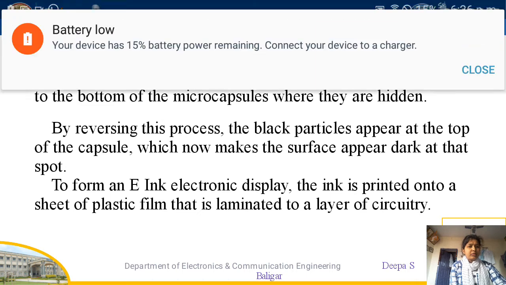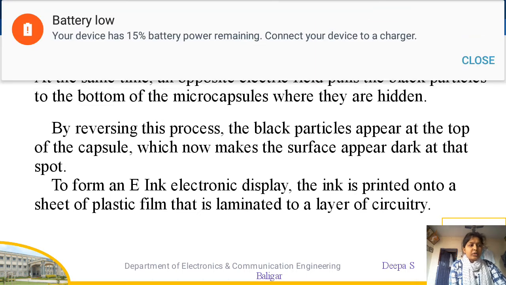The electrophoretic display uses two voltages, one positive and one negative.